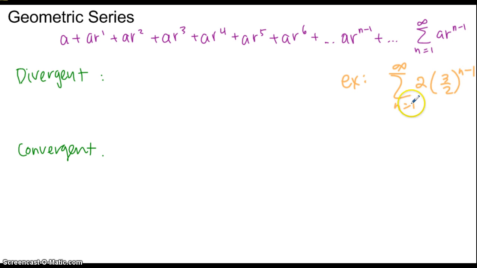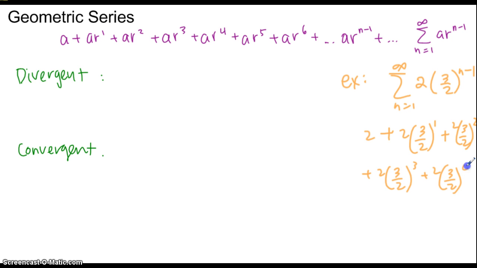So when I plug in 1, I get 2 times 3 halves to the 0 power, plus, when n equals 2, 2 times 3 halves to the first power, plus 2 times 3 halves to the second power, plus 2 times 3 halves to the third power, plus 2 times 3 halves to the fourth power, and so forth.